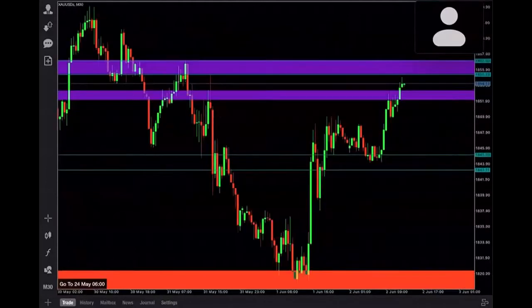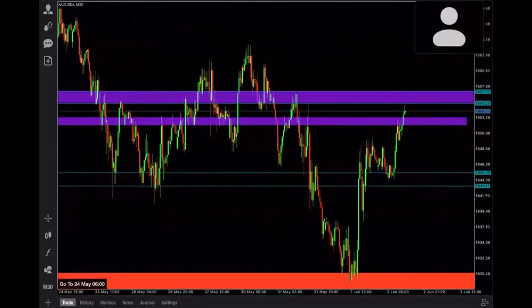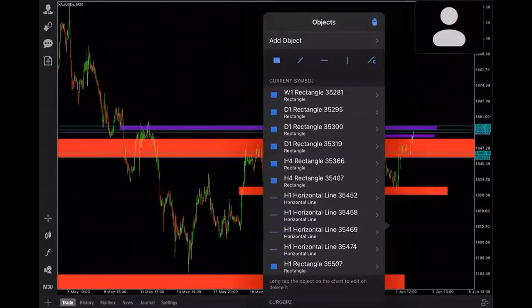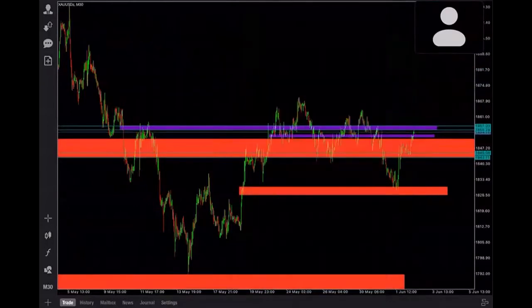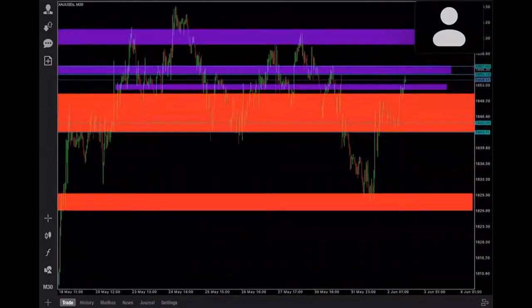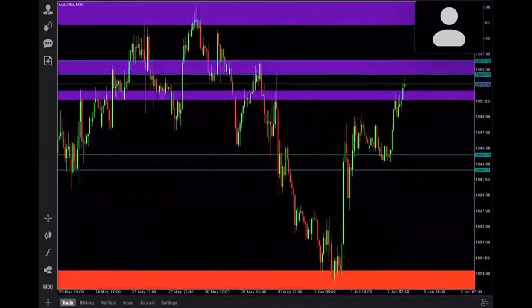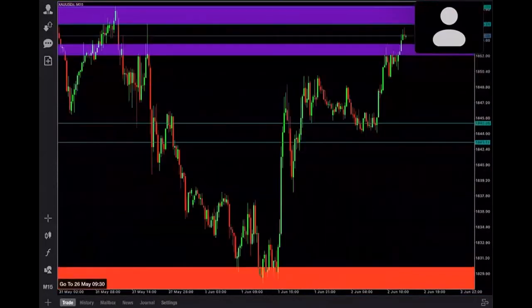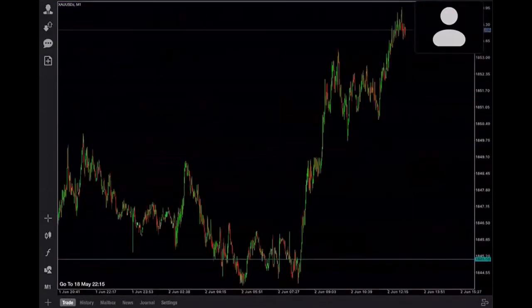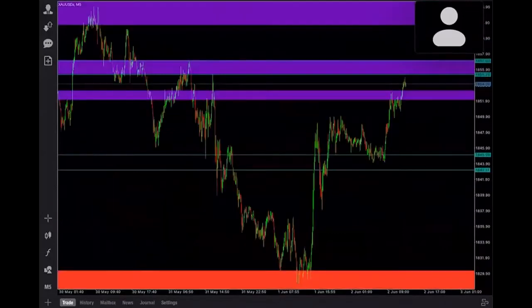Maybe last time frame I would check M30 just to double check. Another strong selling zone here. So let's see 15. Okay. Now we already labeled our zones.